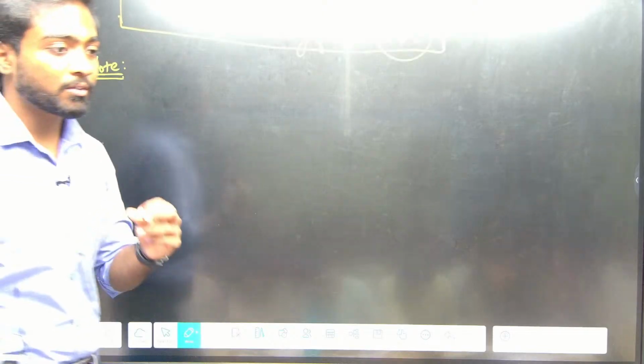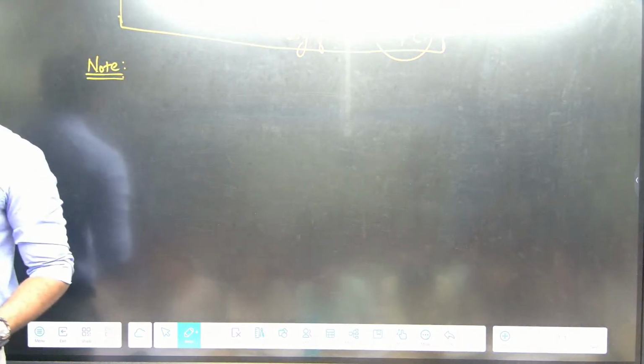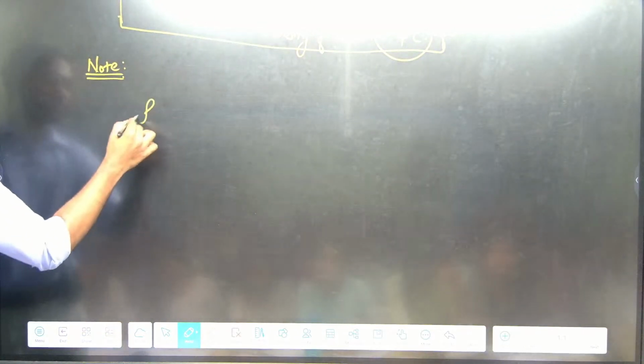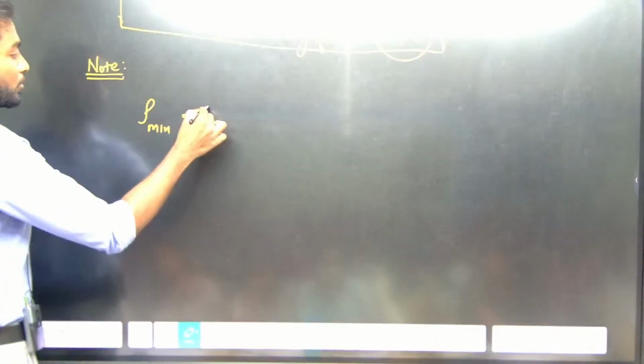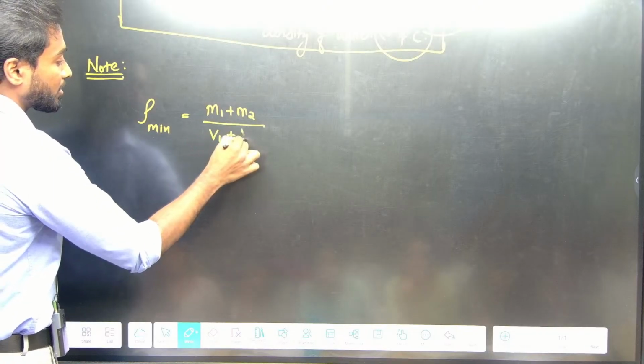If two liquids of mass m1 and m2 and density rho 1 and rho 2, then the density of the mixture will be equal to m1 plus m2 by v1 plus v2.